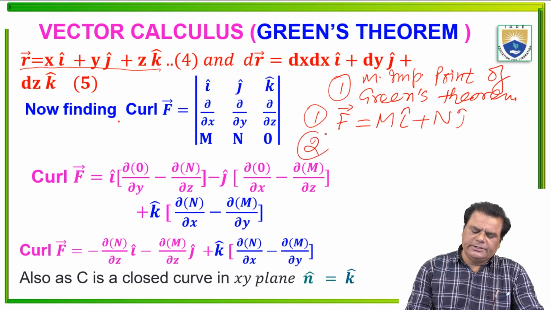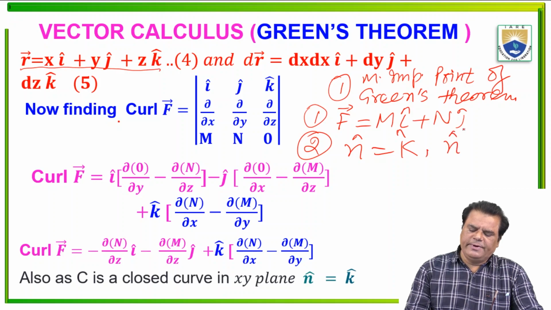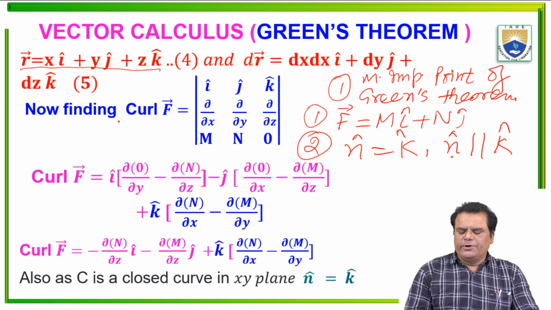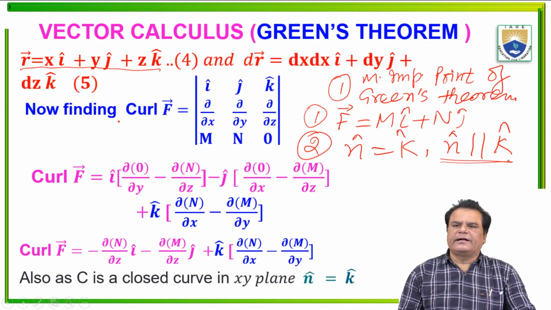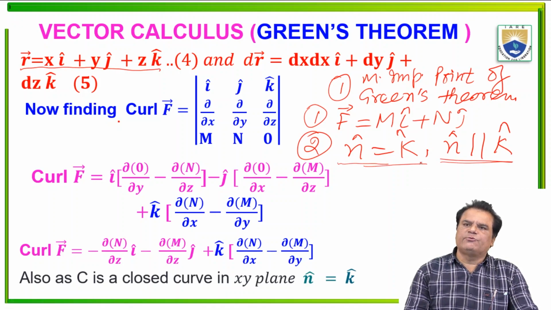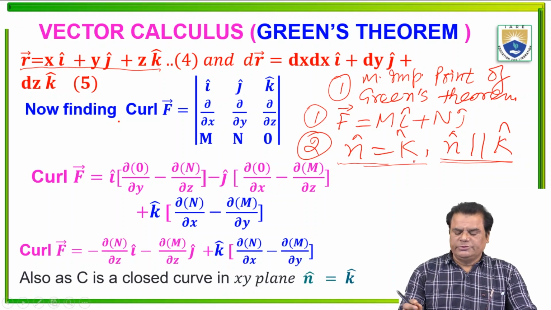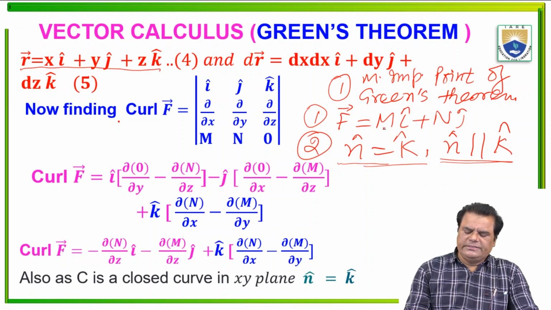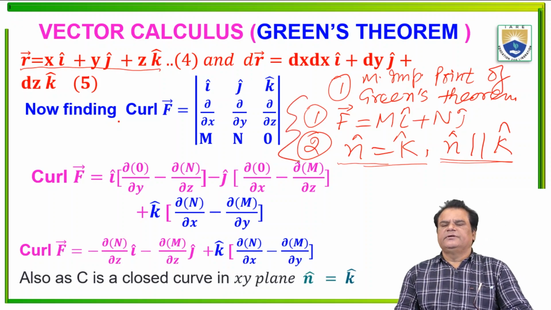Second result is n vector equal to k vector because n vector is parallel to k vector. N unit normal vector is parallel to k vector, so we can say n vector equals k vector. And f is a two-dimensional vector point function in the given surface, that is m i plus n j. These 2 points are very important points in Green theorem.